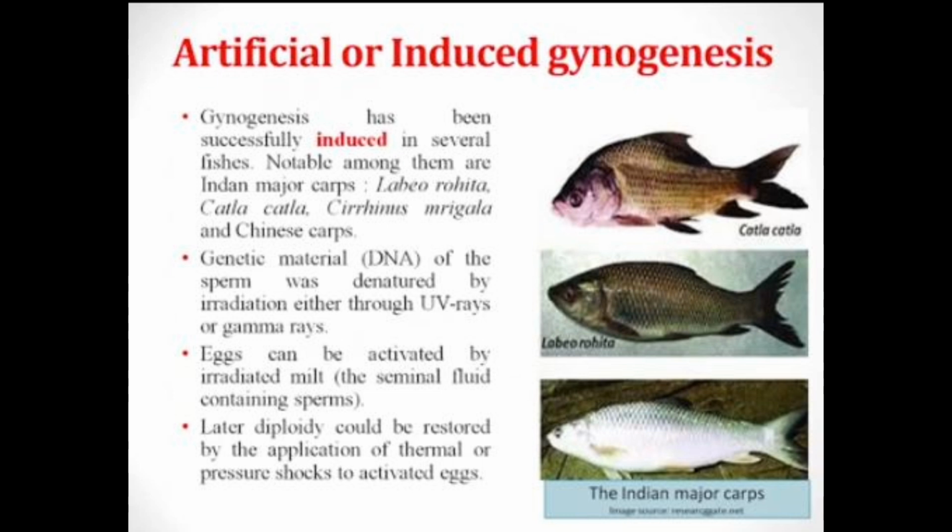This ensures that the resulting offspring inherit their entire genetic material solely from the female parent. Gynogenesis has been successfully induced in several fishes. Notable among them are Indian major carps, Labeo rohita, Catla catla, Cirrhinus mrigala, and Chinese carps.